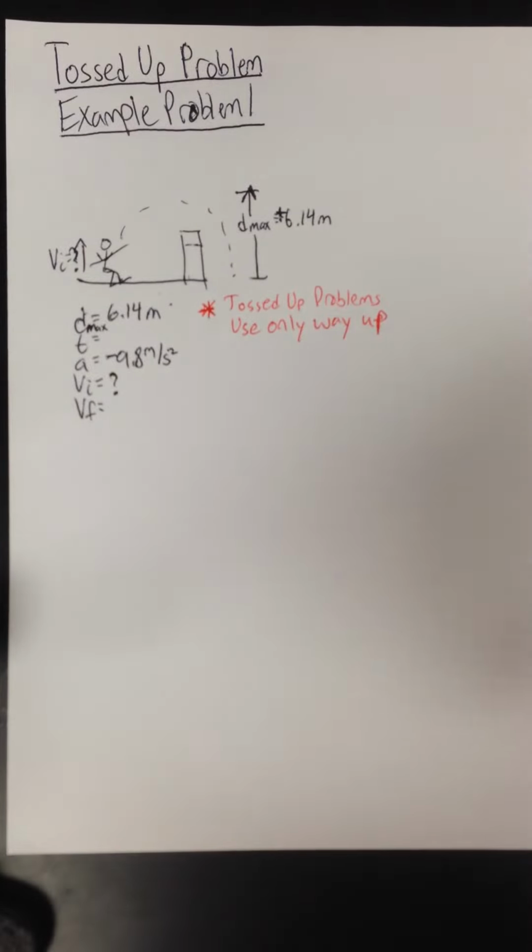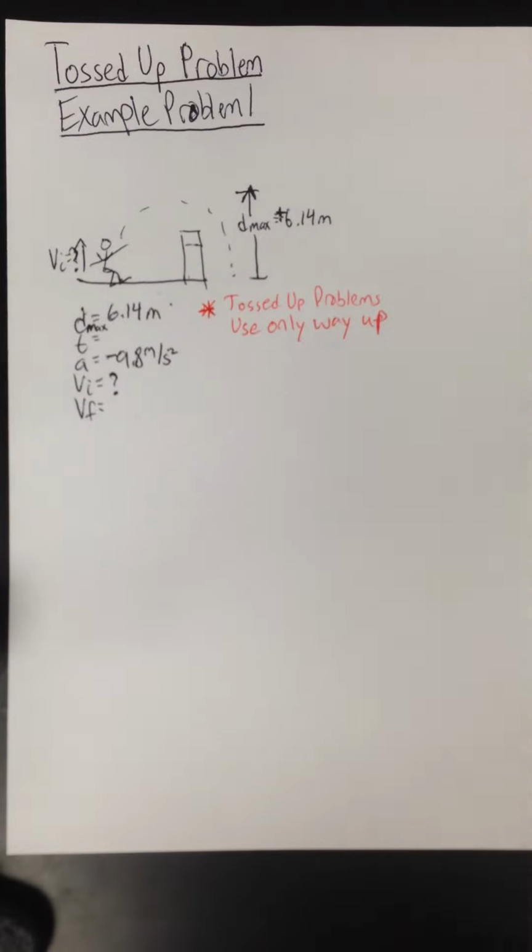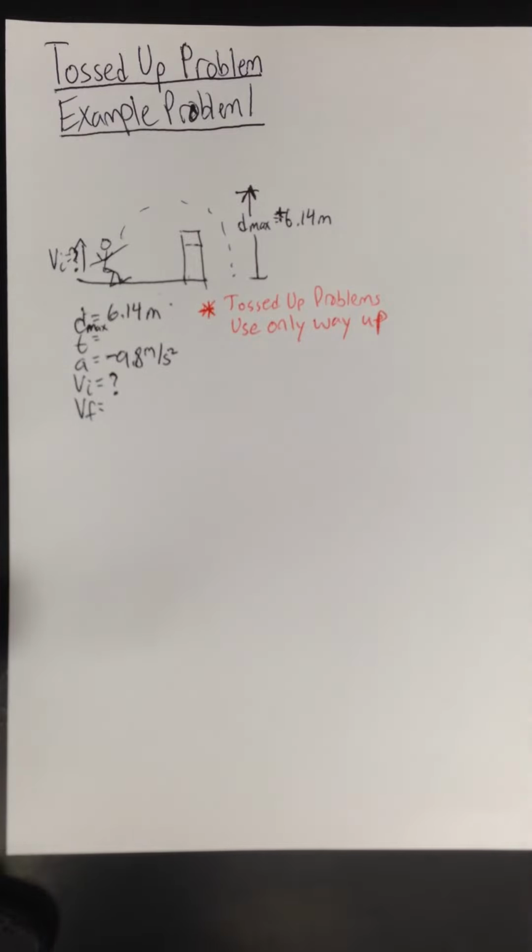So every given, distance, time, acceleration, initial velocity, final velocity, should all represent only the way up, not the whole flight nor the way down. And that's going to be our problem solving method for tossed up problems. That's something you're just going to have to know. You're just going to have to remember.